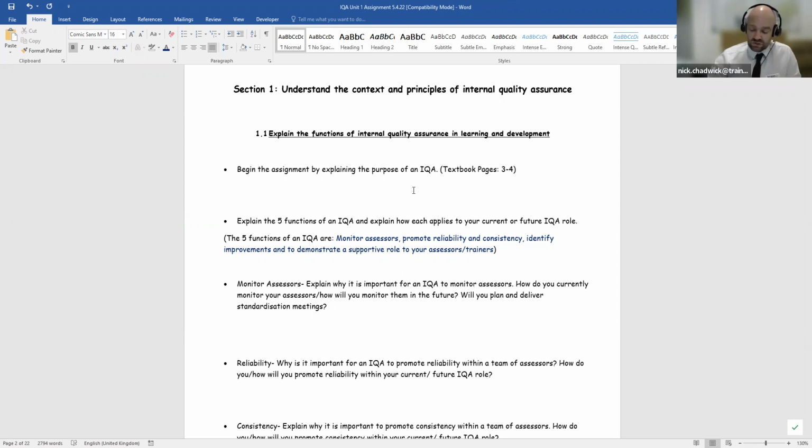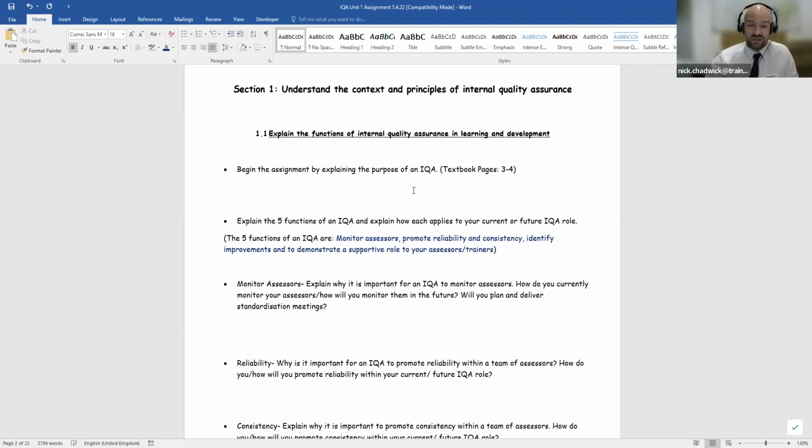So the IQA relates to someone who's a point of contact for a team of assessors, teachers, or trainers, and they are going to be there as a role model. The IQA is a supportive figure who's essentially going to standardize practice, okay?